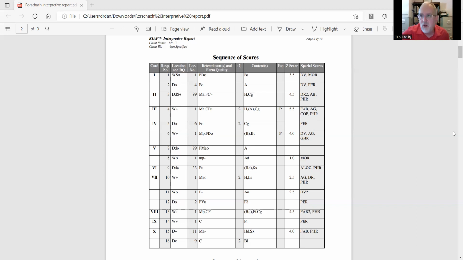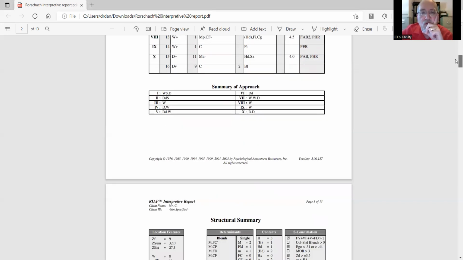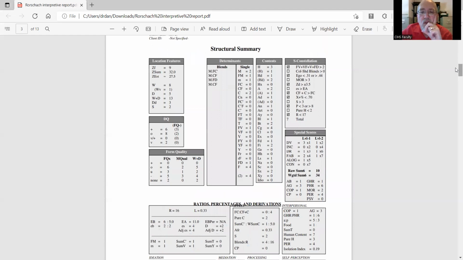Personalized means making the answers particularly personal, for example, not just that the picture shows a brother and sister, but shows my brother and sister. So again, on table 3.7, you can see all of those. Okay, so that's the sequence of scores. And then we go down to the structural summary, and you can see that now that is in the appendix.